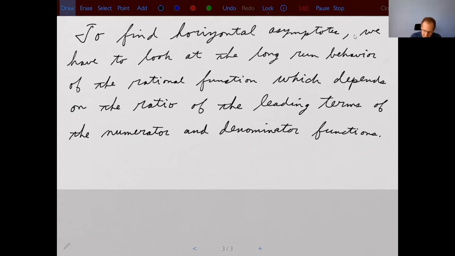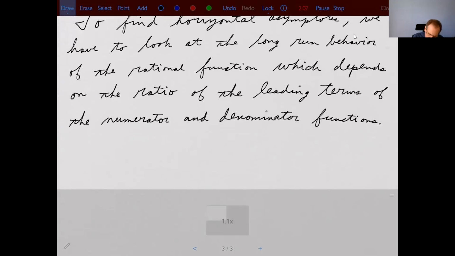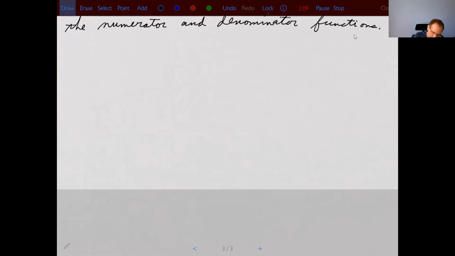Okay, so there's going to be three cases. So case one, let me move this up a little bit. Case one would be a case where the degree of the denominator is greater than the degree of the numerator.